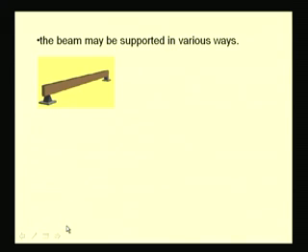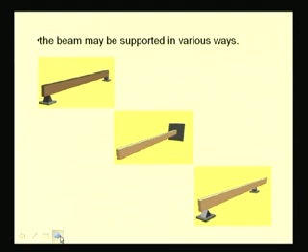The beams can be supported in various ways. Here you see a beam that is being supported by a roller and a pin, or a beam could be supported by embedding it into a wall, as shown in this picture, or the beams could be overhanging, that means they extend beyond the support.